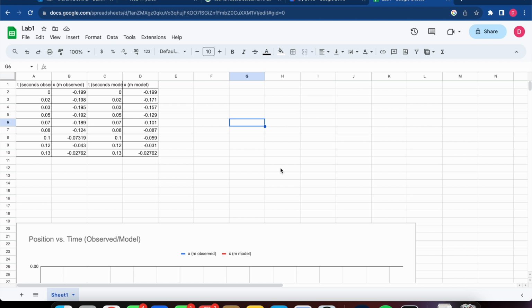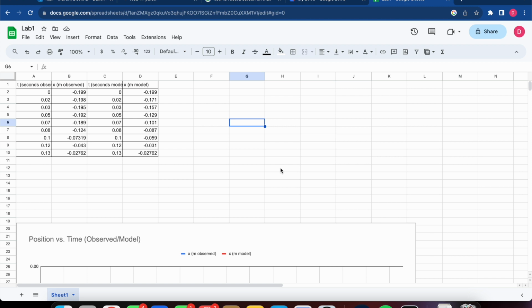As the object began to move in the observation experiment, at 0.02 seconds, the position was negative 0.198. At 0.03 seconds, it was negative 0.195. At 0.05 seconds, it was negative 0.192. At 0.07 seconds, it was negative 0.189.